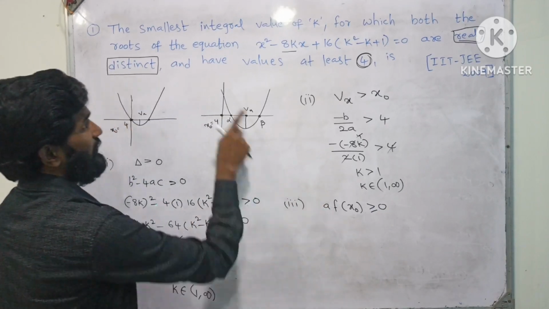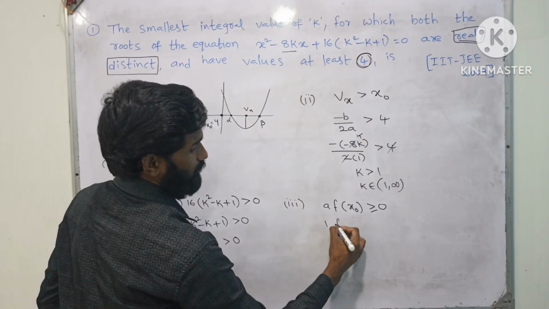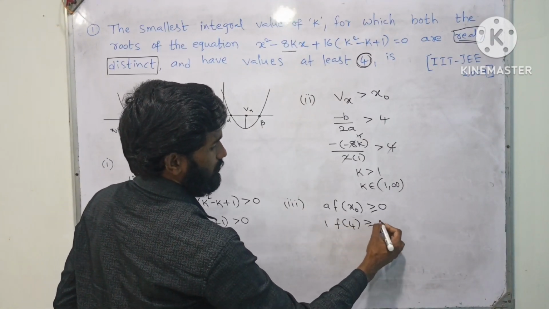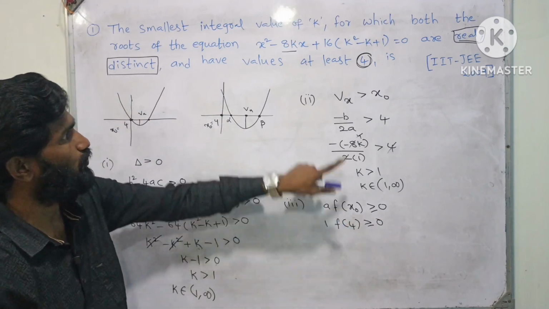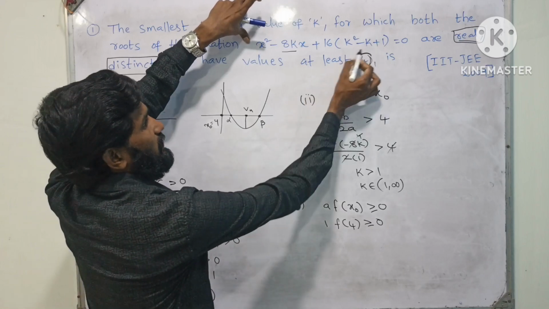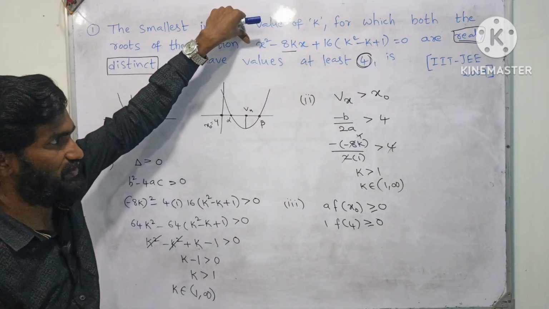What is the a value here? a is equal to 1. 1 into f of x naught means f of 4, which is greater than or equal to 0. f of 4 means we need to substitute 4 in this equation. This is our f of x; the equation itself is f of x.